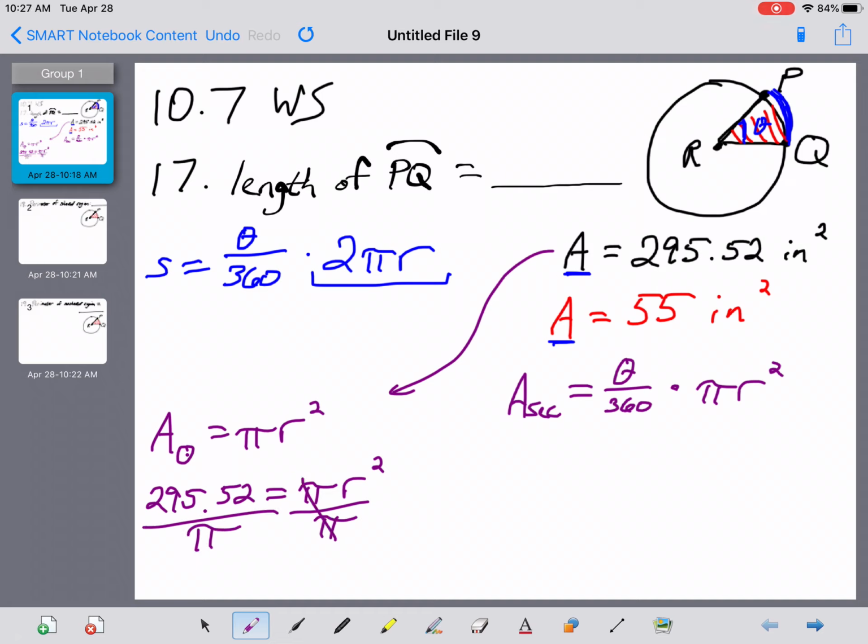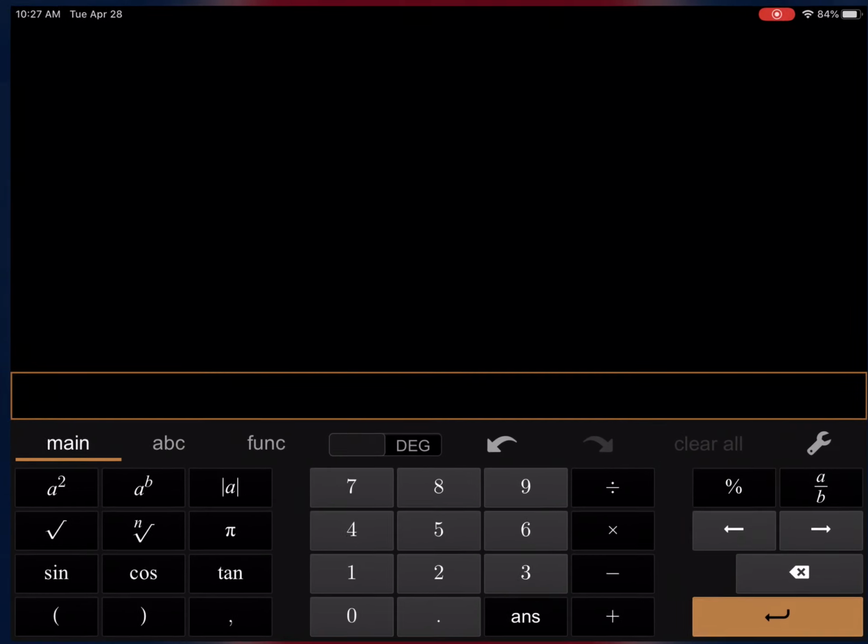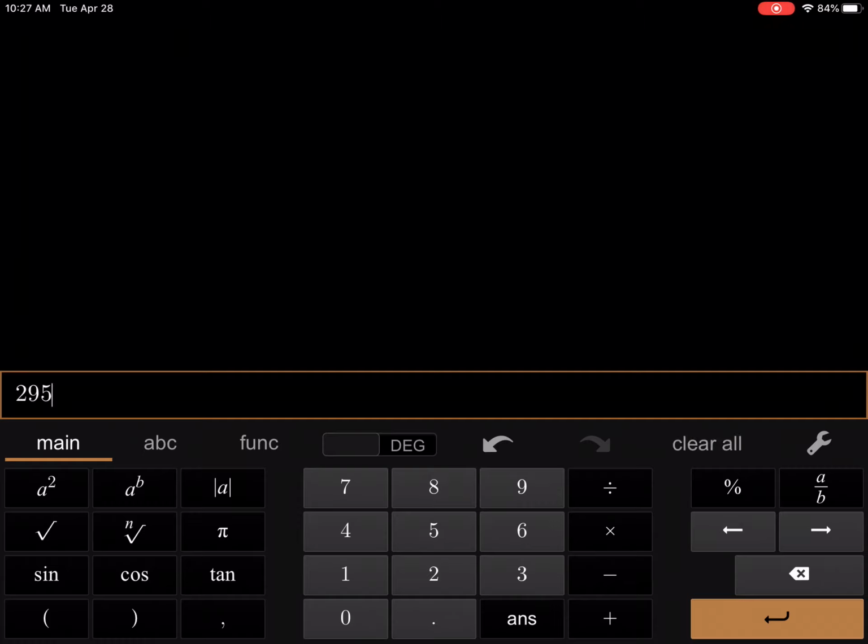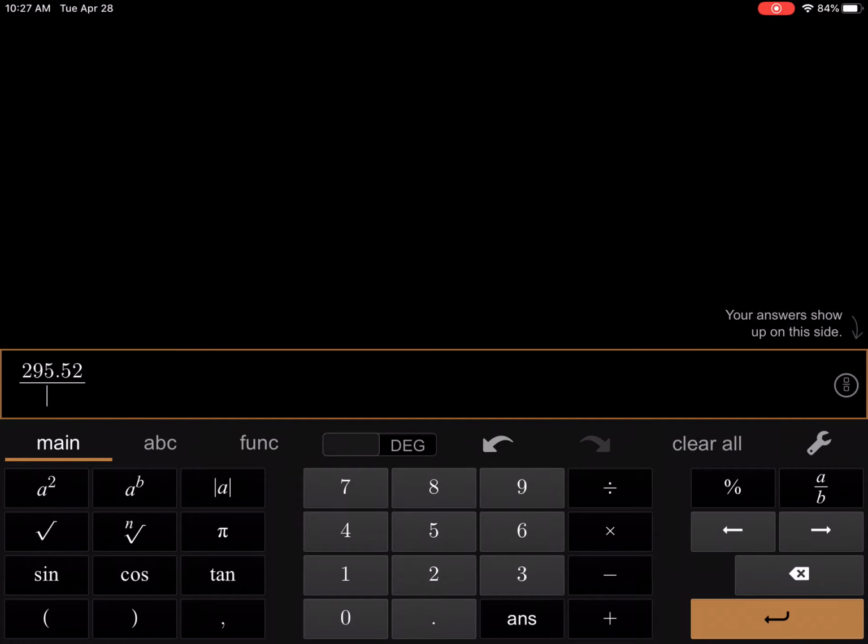Those pi's cancel out, and that tells us that r squared equals, and they gave us decimals here, so we're definitely going to need a calculator, 295.52 divided by pi.